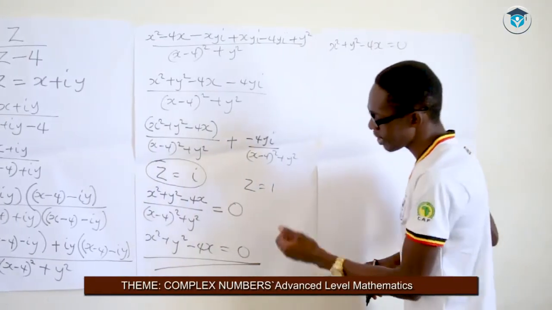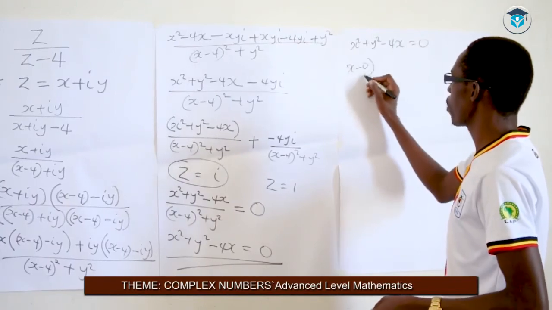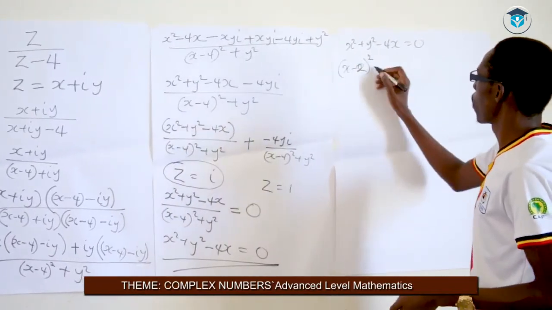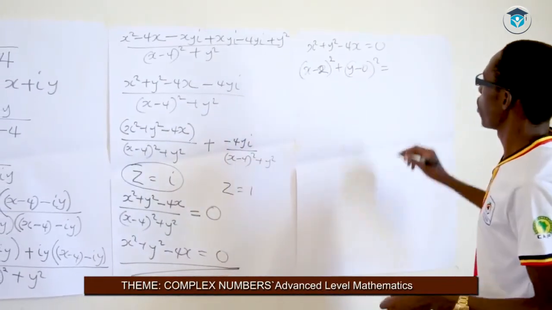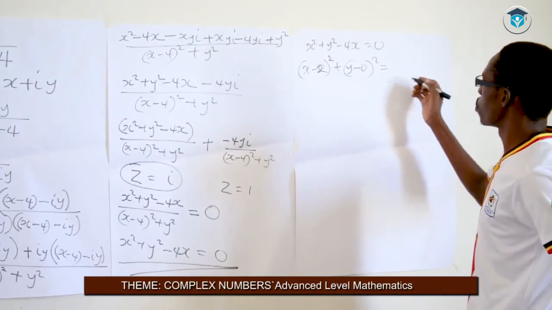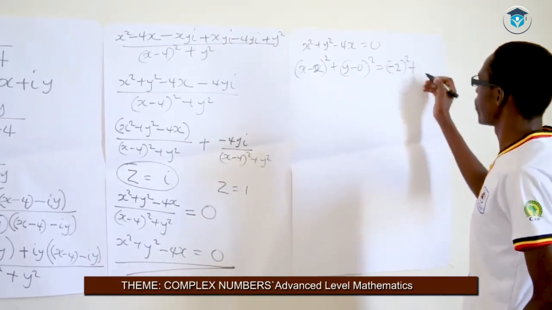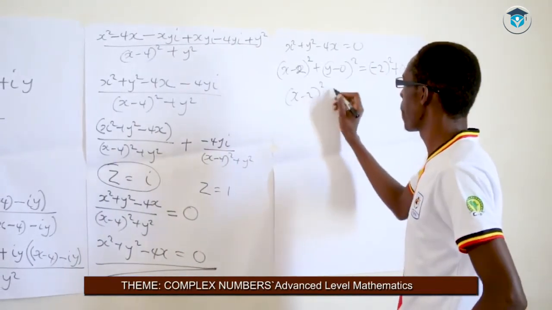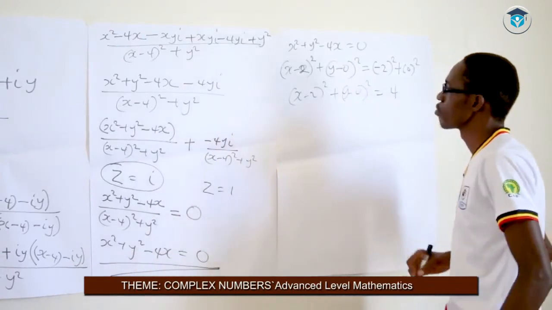So if I go on to complete squares, we shall say that this is (x − 2)² + (y − 0)² = (−2)² + 0². So this gives you (x − 2)² + (y − 0)² = 4.